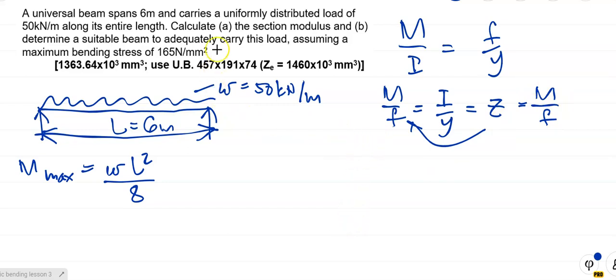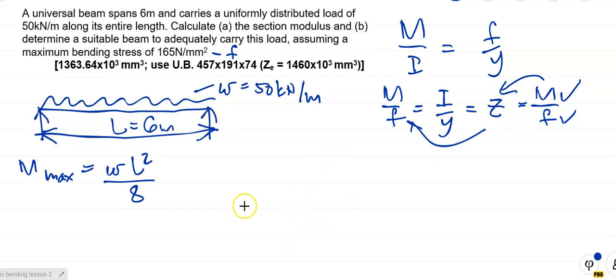Okay, right. Part A: let's calculate the section modulus and design a suitable beam to adequately carry this load, assuming a maximum bending stress of that. So that there is F. They've given us F, and yippee, we can work out the moment because they've given us the load and the span. So now we can work out the section modulus. Isn't that lovely?